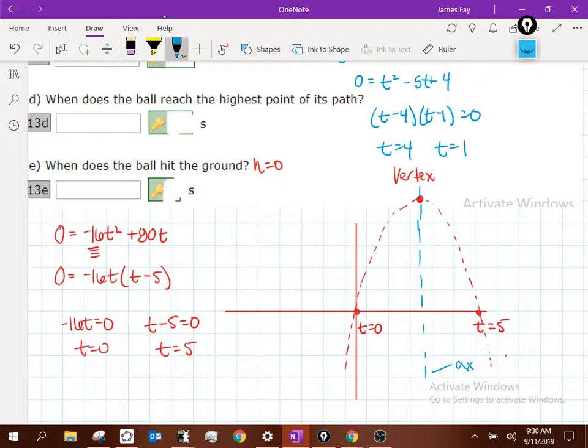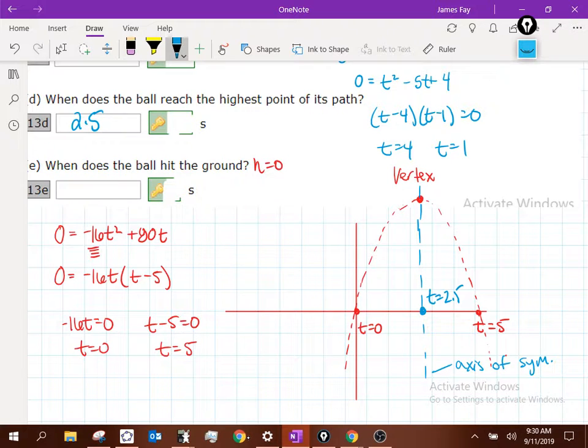That is your axis of symmetry. The idea of symmetry is that it's the halfway point, right? So that's the line that exists halfway between your x-intercepts. Your vertex is always going to be halfway between your x-intercepts. So where does this line exist? At what time? 2.5. So that's what we're looking at right here, 2.5.